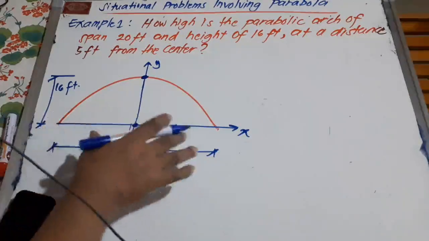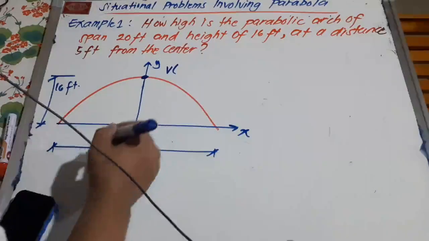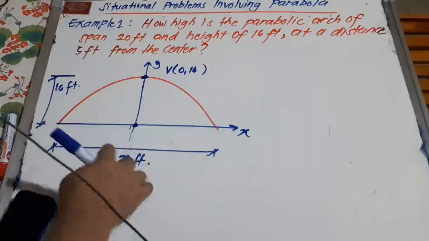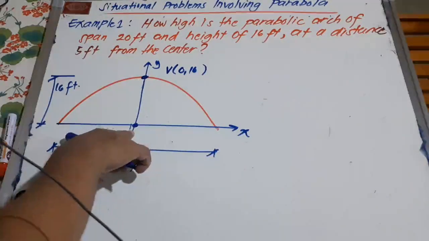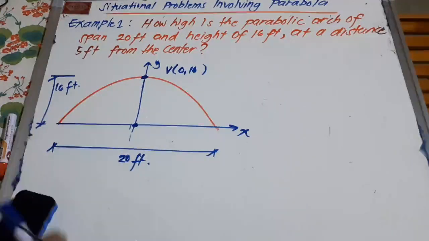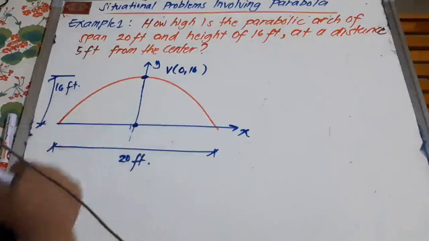And then, based from the given values, the vertex is located at (0, 16), because this is the origin of the xy plane. So the horizontal distance of the vertex is 0, and then the height or the vertical distance is 16.